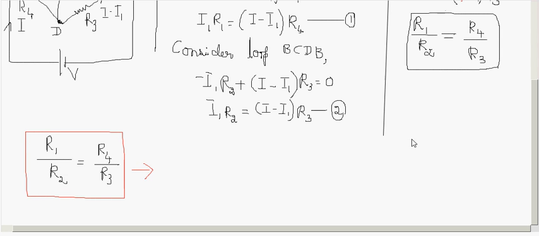So you can write here, this is the necessary and required balanced condition of Wheatstone bridge. This is the necessary and required condition for the bridge. Bridge here actually is the Wheatstone bridge.